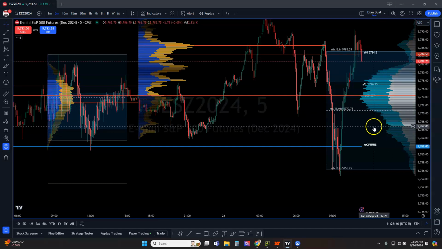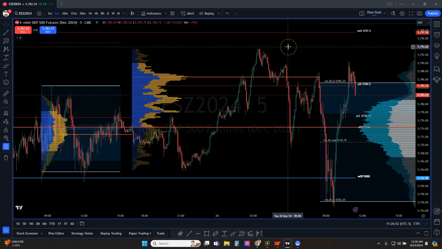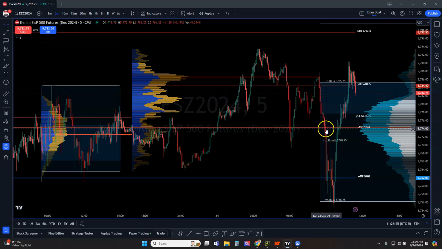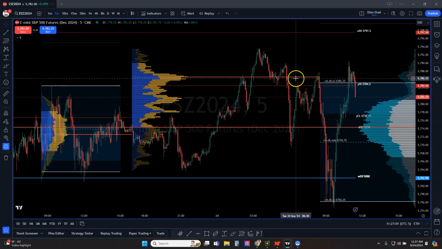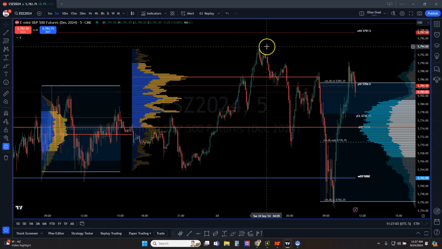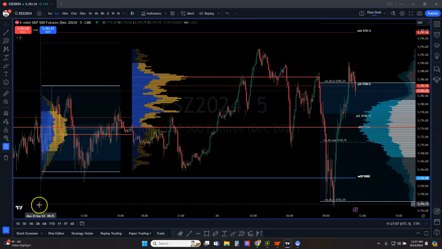Above our composite value where people say, hey, good deal. We now have stats, we have targets above ETH high. Above the point of control of composite and yesterday's RTH, you're long. First target here. Second potential. ETH high did not get there yet. Okay. Stats.